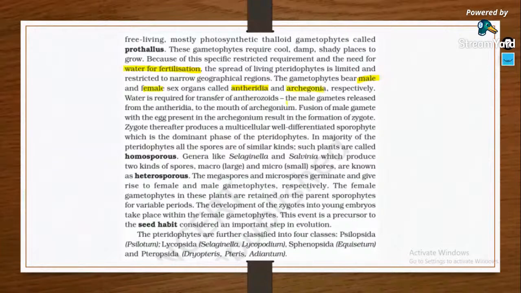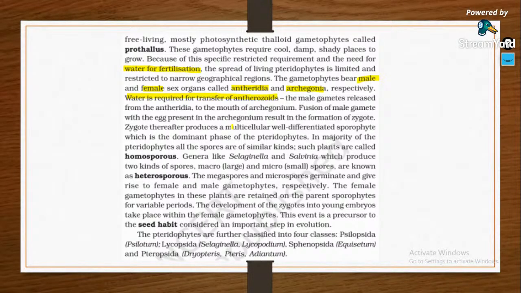Okay, water is required for the transport of antherozoids. Male gametes are released from antheridia to the mouth of archegonium. Fusion of the male gamete with the egg present in the archegonium results in the formation of zygote.